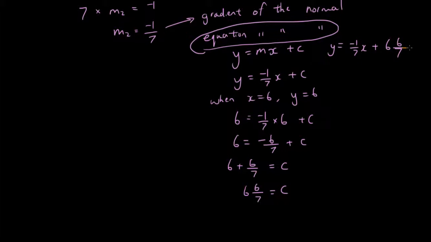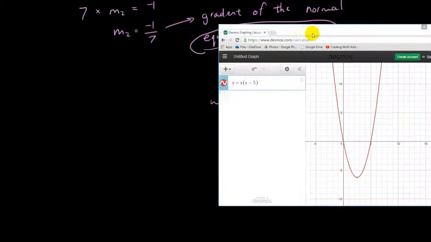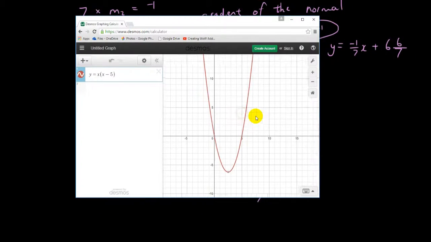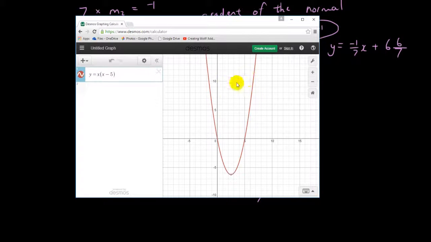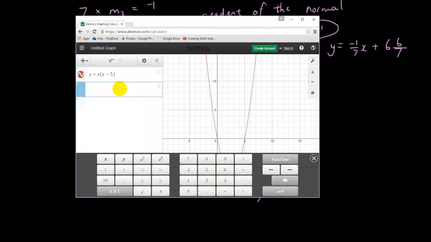Just to make sure that we have that correct, I'm going to show it to you on Desmos, my favorite graphing calculator. So that is my curve. And if I draw in y equals negative 1 over 7x plus 6 and 6/7, how do you enter that?